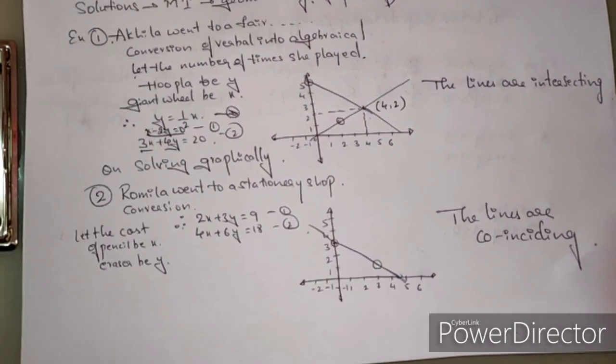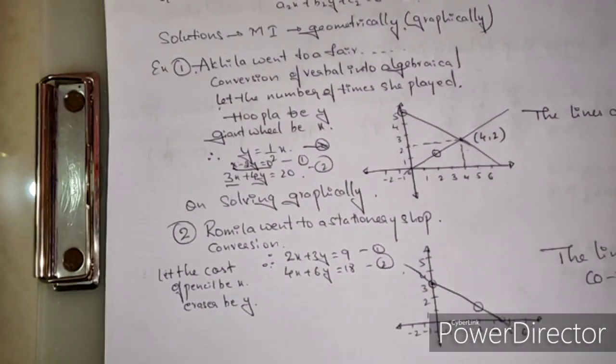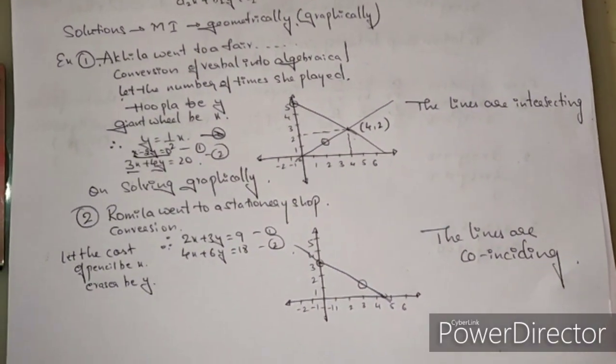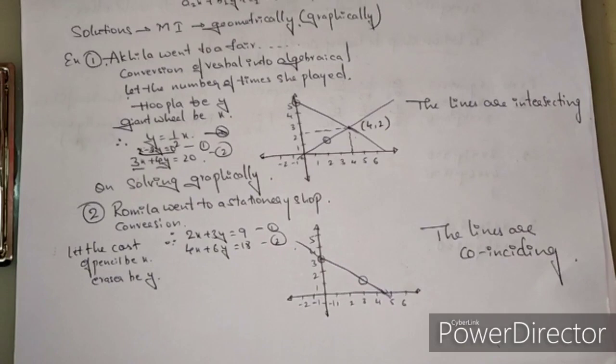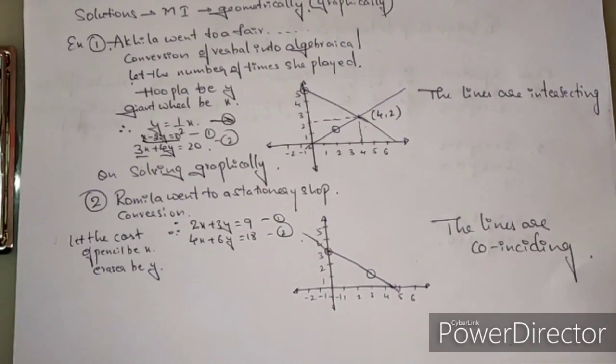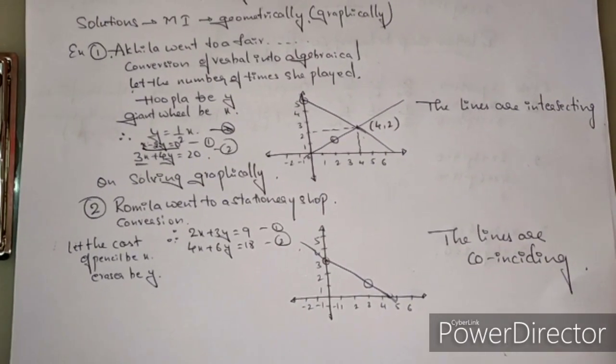So let us take the second example, the example of Romila. Romila went to a stationery shop and purchased 2 pencils and 3 erasers for rupees 9. Her friend Sonali saw the new variety of pencil and eraser with Romila, and she also bought 4 pencils and 6 erasers of the same kind for rupees 18.